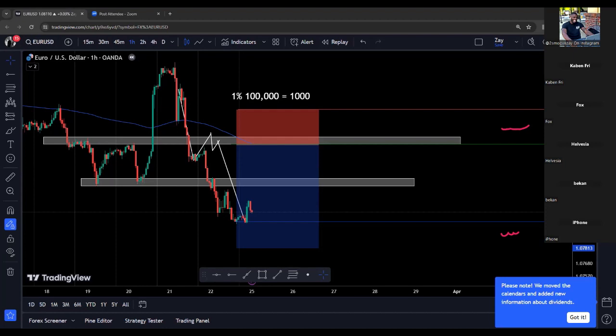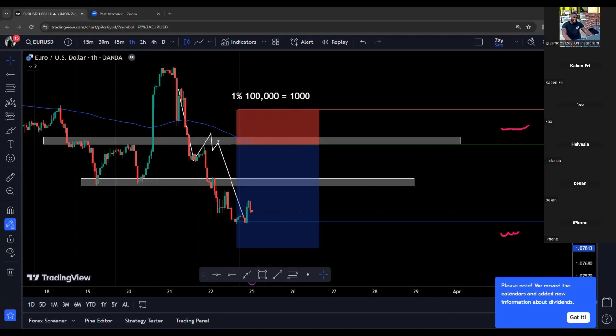So in this case, your lot size is going to be 3.3, which is $33 every time it goes up a pip. So 33 times 30 is 990.